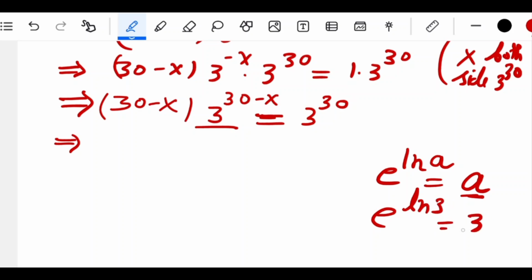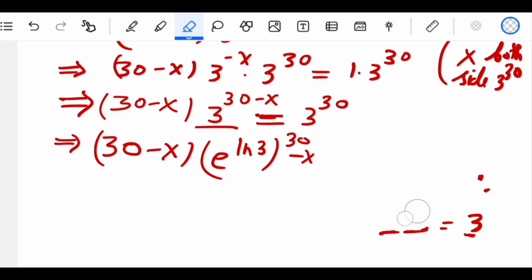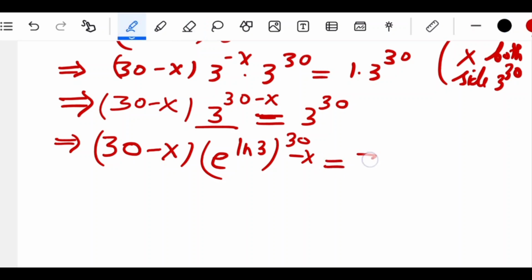Now put the value of 3 as e raised to ln 3 in such a way: 30 minus x times e raised to ln 3, whole raised to 30 minus x, is equal to 3 raised to 30. Okay, I make it clear.